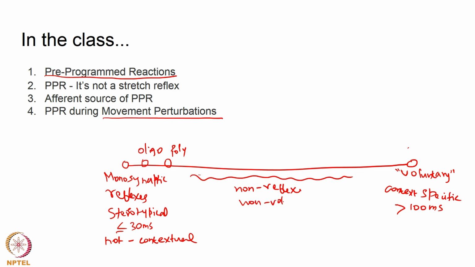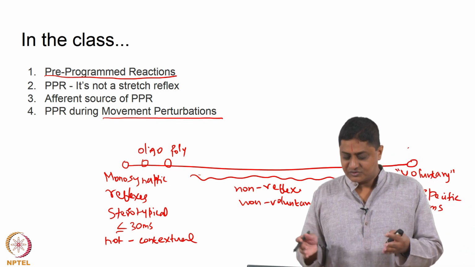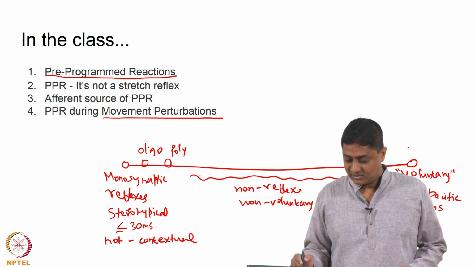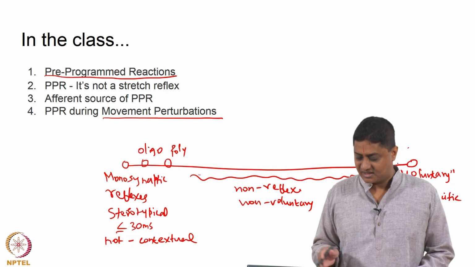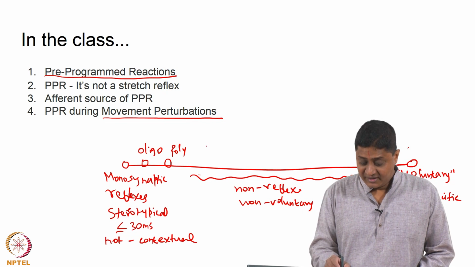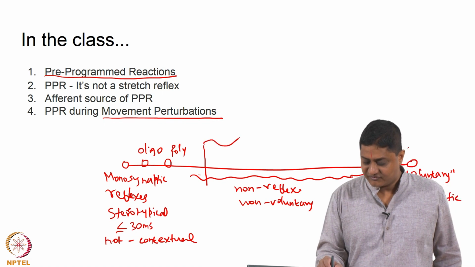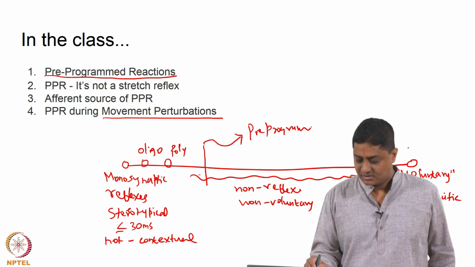It is not clear what that is, because unless we define what is reflex and what is voluntary, it is not clear for us to classify these properly. But there is a hazy space in this continuum. Somewhere here after polysynaptic you have a special class of reactions called pre-programmed reactions.